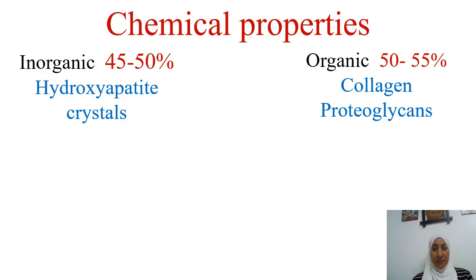Regarding the chemical properties, we have about 50% inorganic and 50% organic. The inorganic, as in any hard dental tissue or even bone, is hydroxyapatite crystals, while the organic, about 50%, is formed of collagen, proteoglycans, and so on.